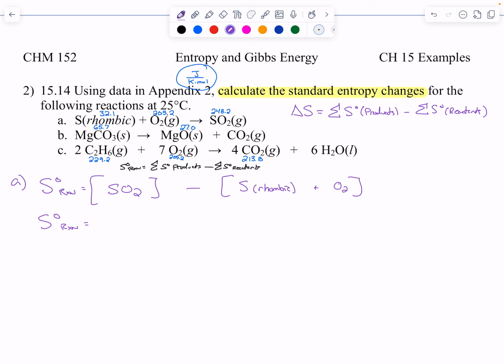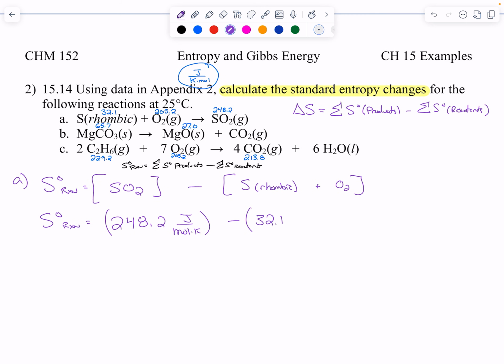So for SO2, we have 248.2 joules per mole Kelvin. Minus, I have 32.1 joules per mole Kelvin.